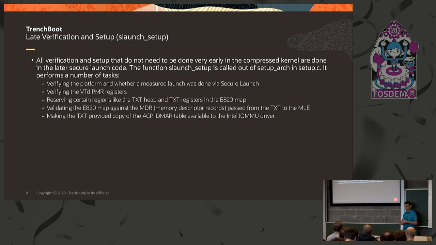It checks that we run in secure launch, checks the platform is properly initialized, verifies VTD PMRs, and also reserves some regions like the TXT heap and TXT registers in the E820 map, validates the E820 map against the MDR passed from TXT to the MLE, and also passes the ACPI DMR prepared by TXT to the IOMMU driver.